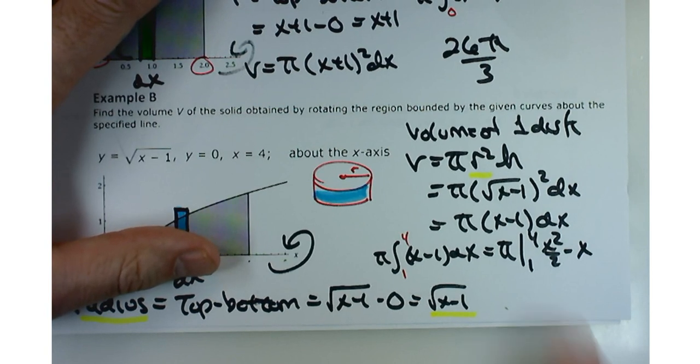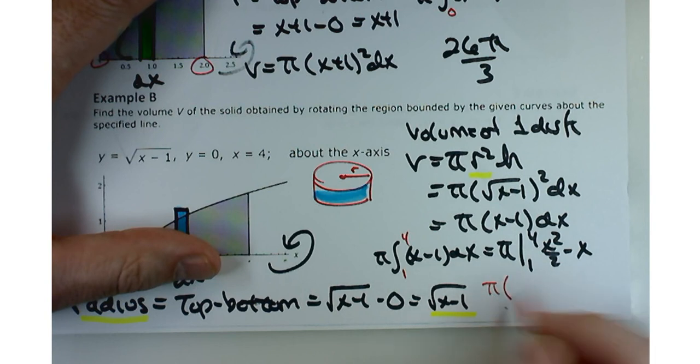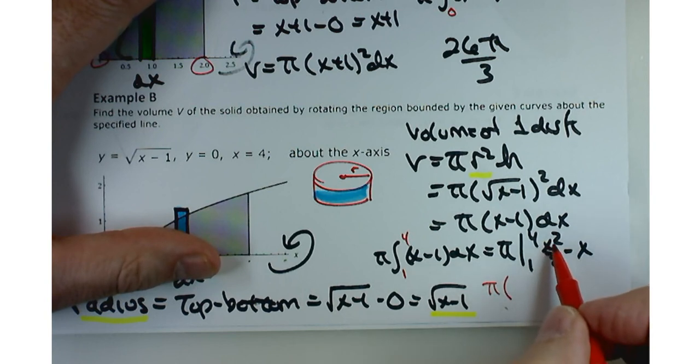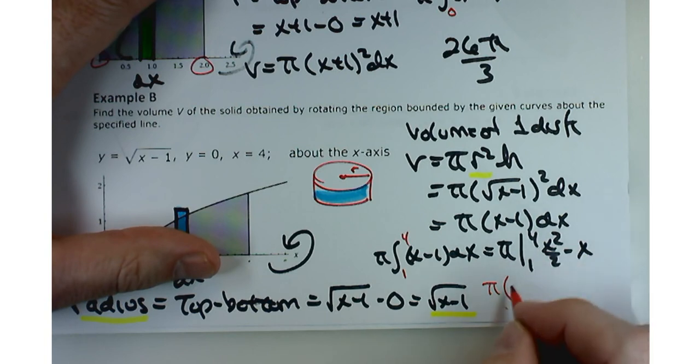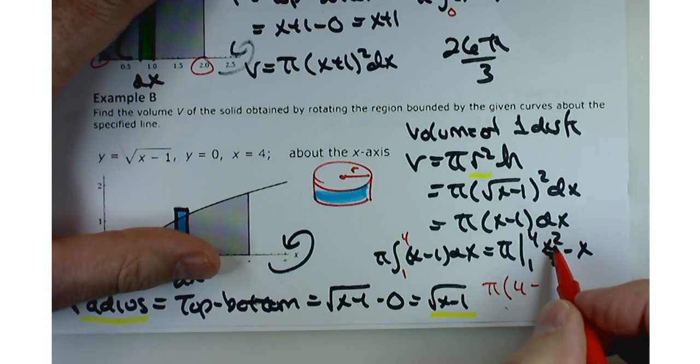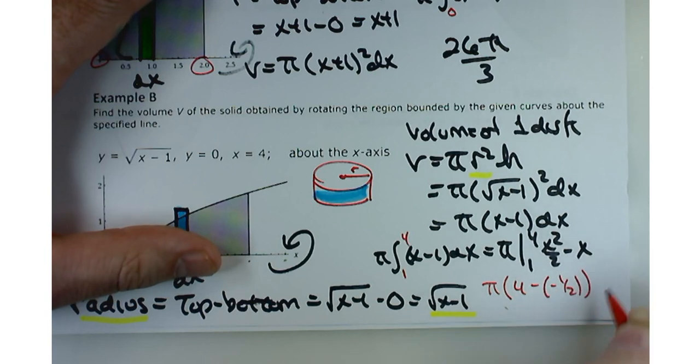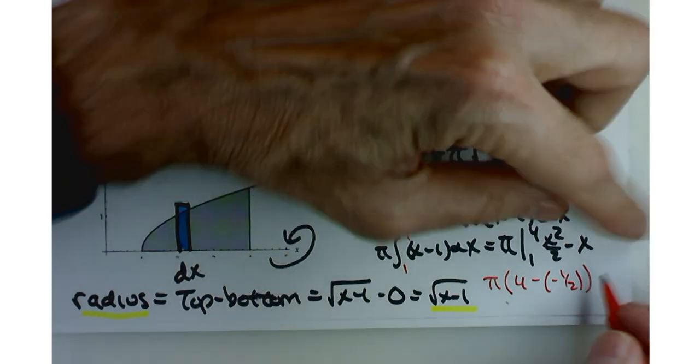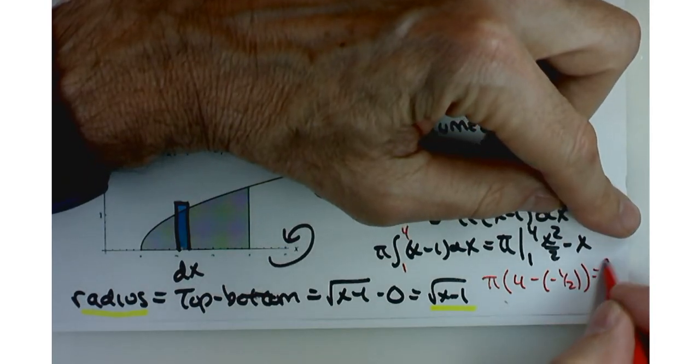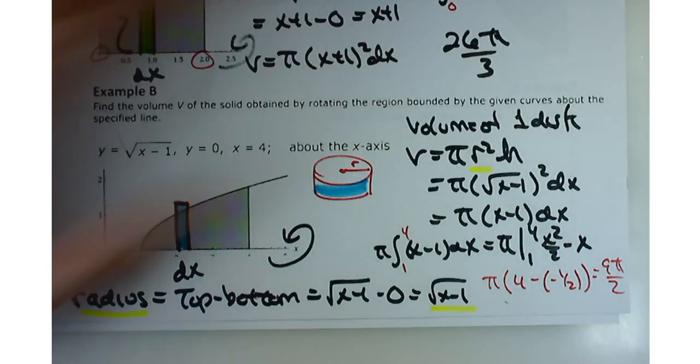So let's see. It's going to be pi times the upper limit. So 4 squared over 2 is going to be 8 minus 4 would be 4 minus 1/2 minus 1 is going to be negative 1/2. And when I put that all together, I'm going to end up with 9 pi over 2 for my final answer.